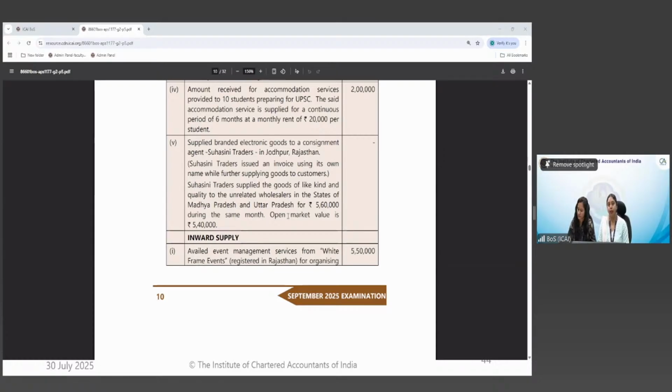Because supply made by a principal to an agent is a deemed supply under Para 3 of Schedule 1. But an agent is considered as an agent as per Para 3 of Schedule 1 only when he issues an invoice in his own name. Now here Suhasini Traders is a consignment agent, and it is issuing the invoice to the final customers in its own name.